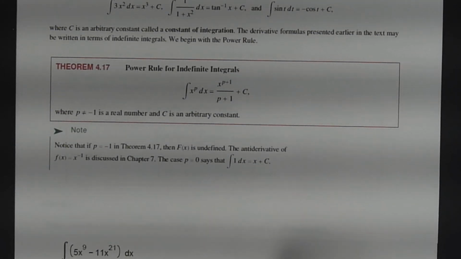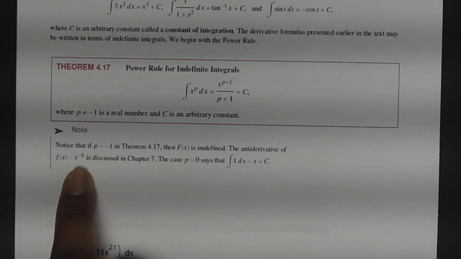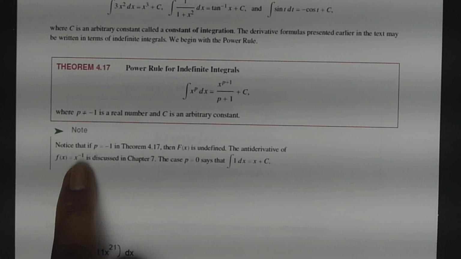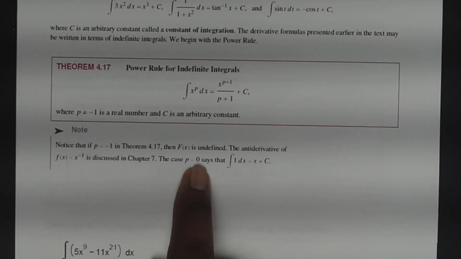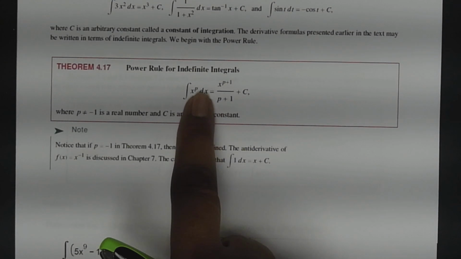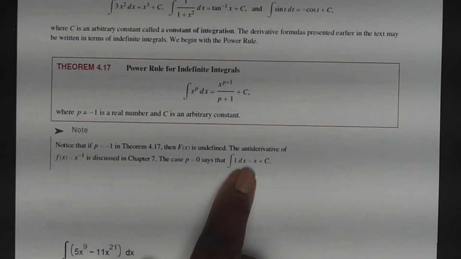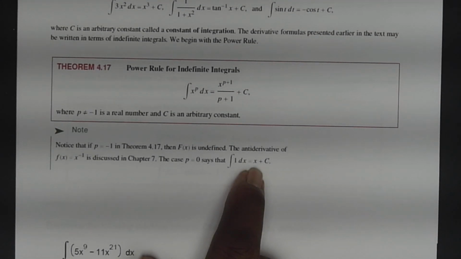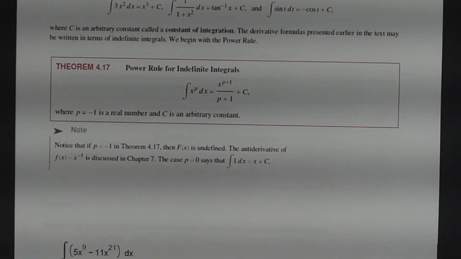We'll discuss that part a little bit later. And then the case if p was equal to 0, that's this exponent here, that's going to say that the integral of 1 dx will be equal to x plus c. That's very important.